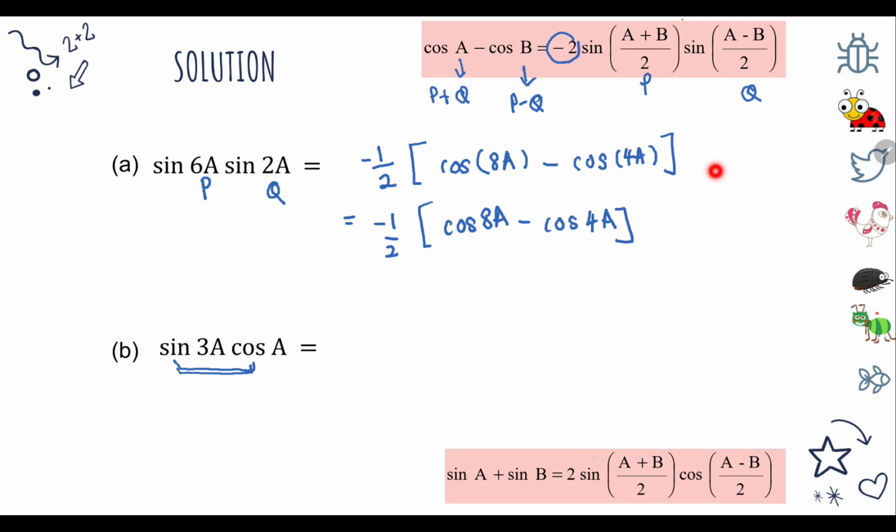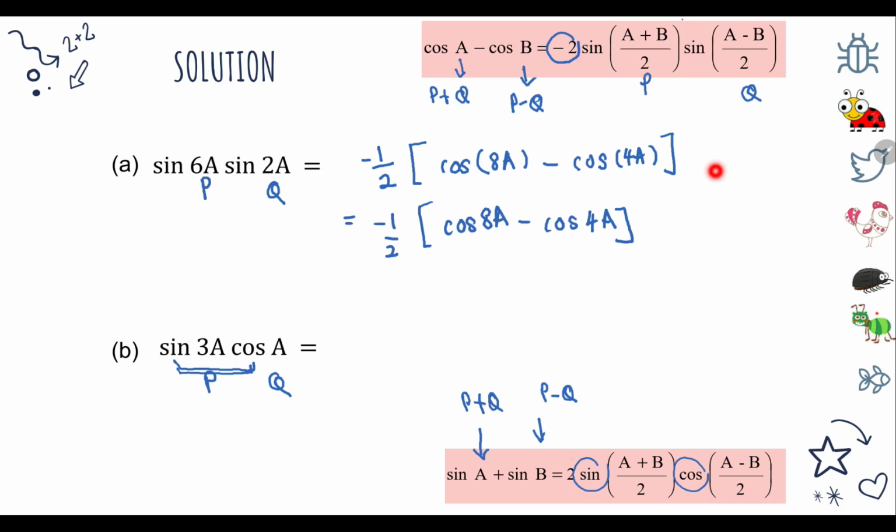It's quite simple because this is the formula that has the product of sin multiply cos. Now we have to remember 3A is P, A is Q. And A here is P plus Q and B here is P minus Q.